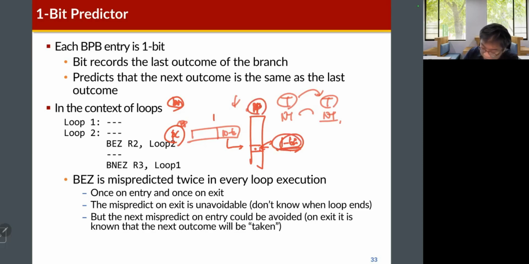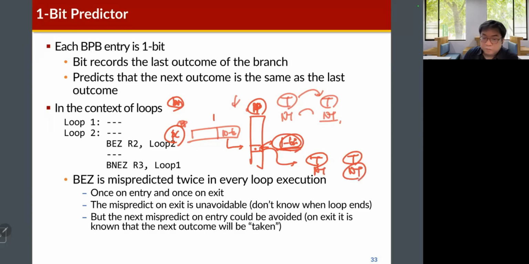Then we can get the 1-bit data. If this 1-bit data is taken, we can expect that the result of the branch instruction will be taken. If not taken, it's not taken.